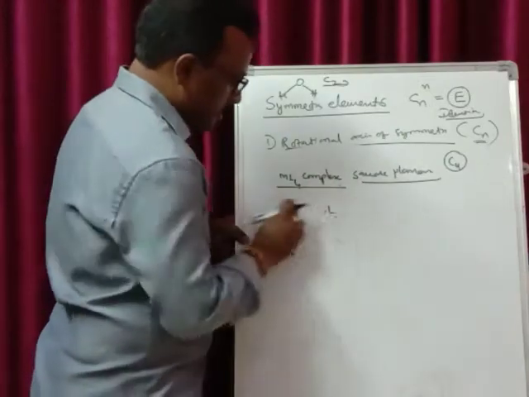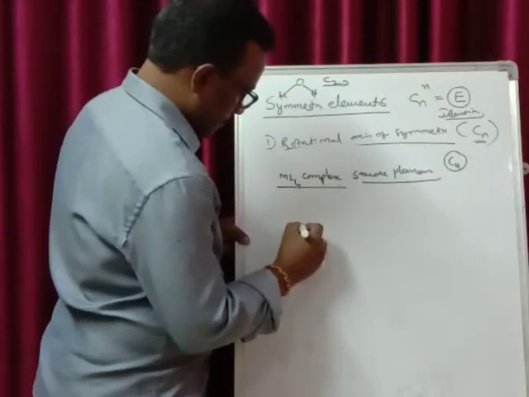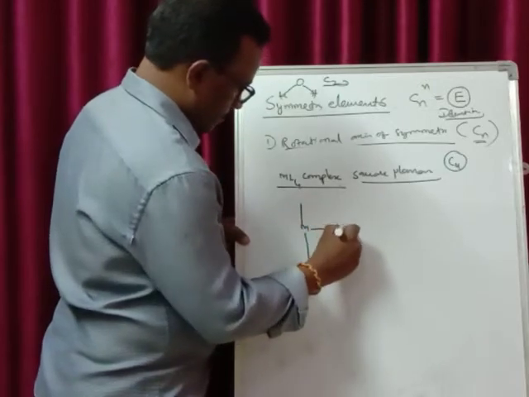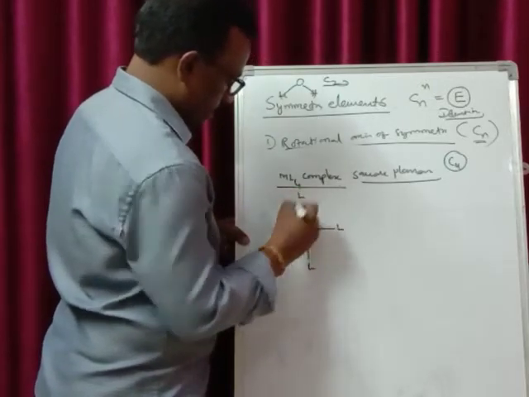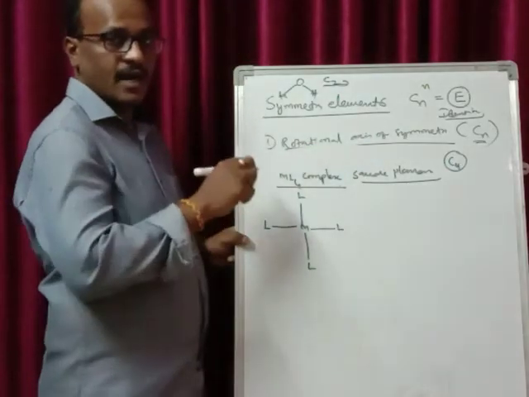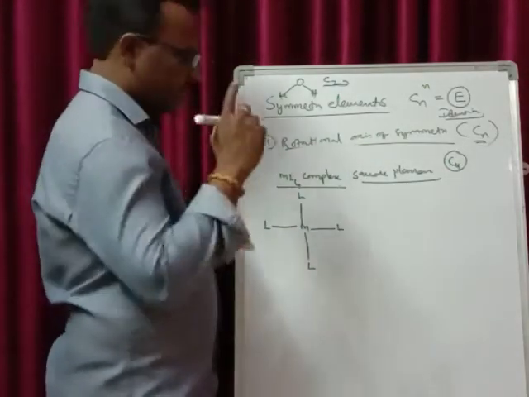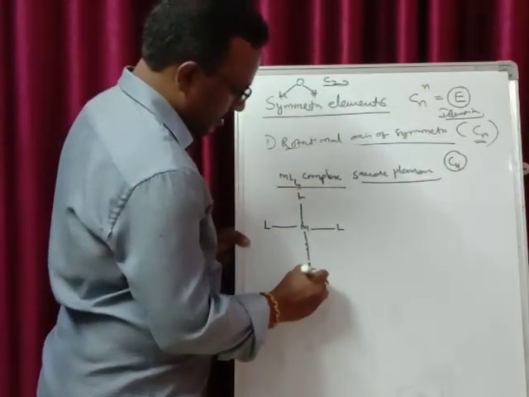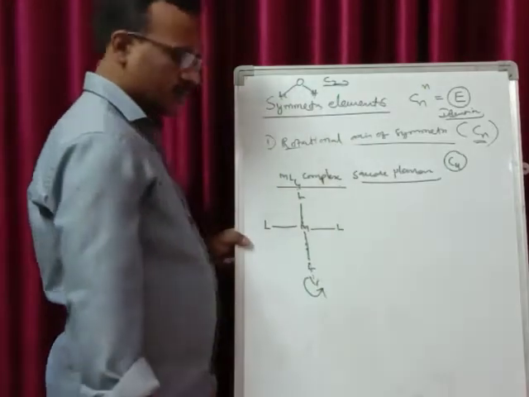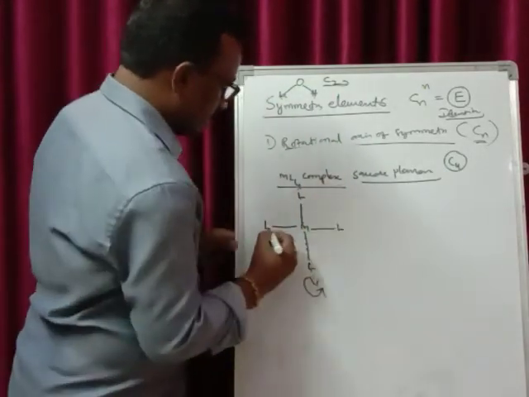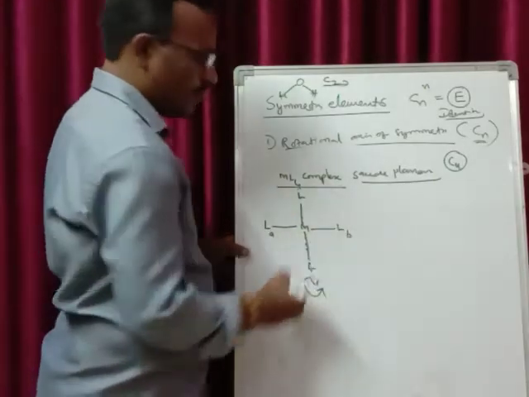I'll just rewrite this structure. Square planar complex. It also has a C2 rotational axis of symmetry, and that axis is passing through the ligand, metal and ligand. So here the axis is passing through the ligand, metal, ligand and rotating by 180 degrees.